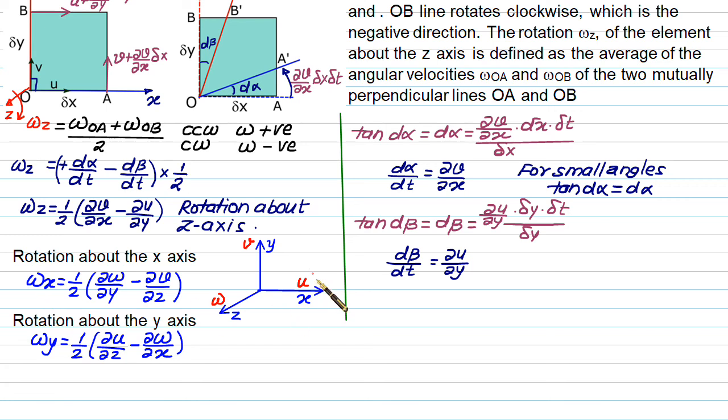And if you take a rotation about the x axis, then omega x will be equal to del w by del y minus del v by del z. And if you rotate about the y axis, that is this axis, in that case we have del u by del z minus del w by del y.